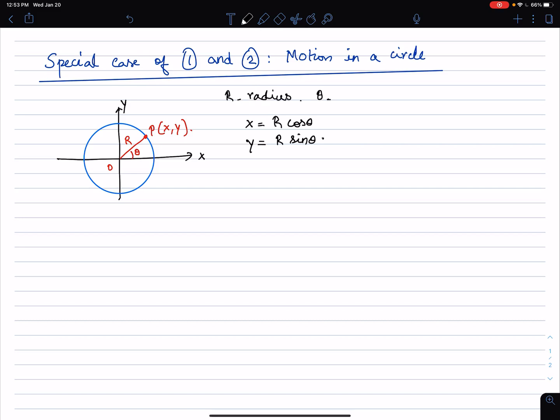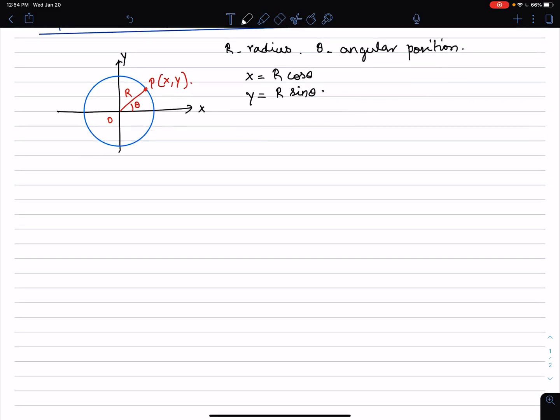Theta, you might say, is the angular position. And then let's say the particle moves with angular rate theta dot equals omega. Okay, so the rate of change of theta is omega, or theta dot.